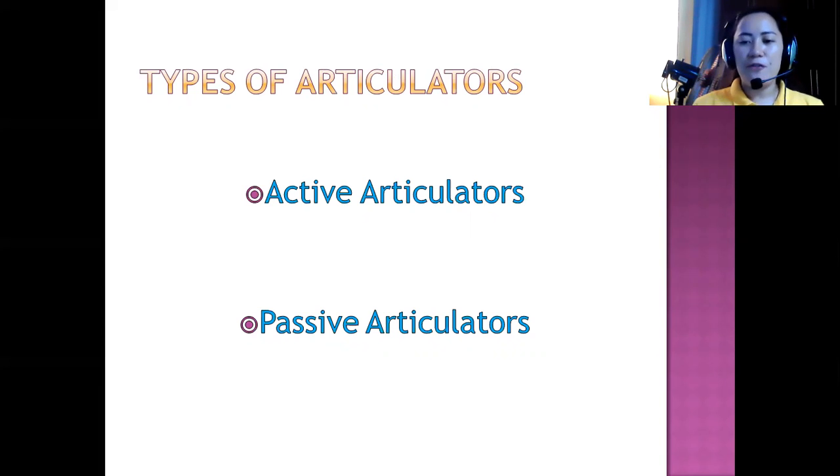The difference between the two is quite obvious from the terms active and passive themselves. When you say active, it's always moving, like you are very active. It means you are full of energy. When you say passive, it means that it is relaxed. It is lazy. It is not moving a lot.